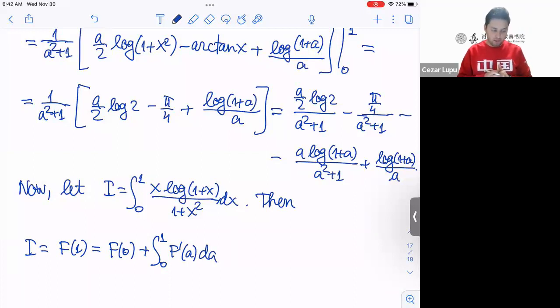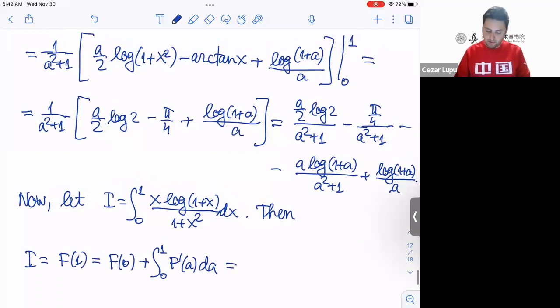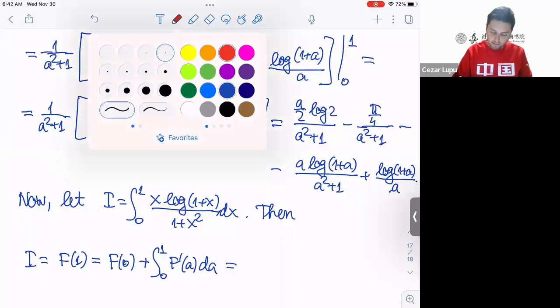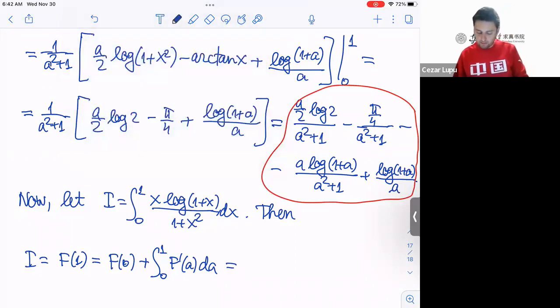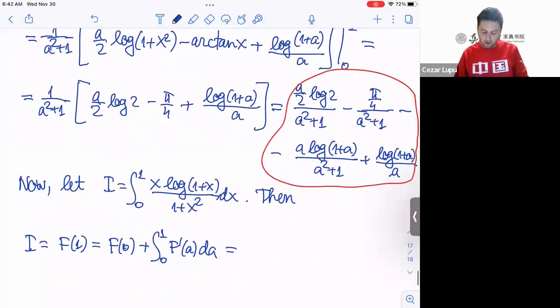But we know who f prime is, so we're just going to plug it in here, right? We computed f prime. Look, there's this monster here, all of it. So right, we're just going to plug it in. So let's be careful with the computations. Yes, f prime.